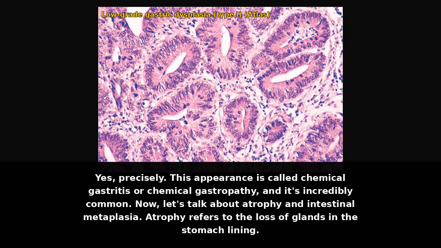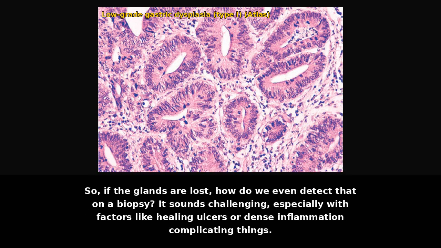Now, let's talk about atrophy and intestinal metaplasia. Atrophy refers to the loss of glands in the stomach lining. So, if the glands are lost, how do we even detect that on a biopsy?